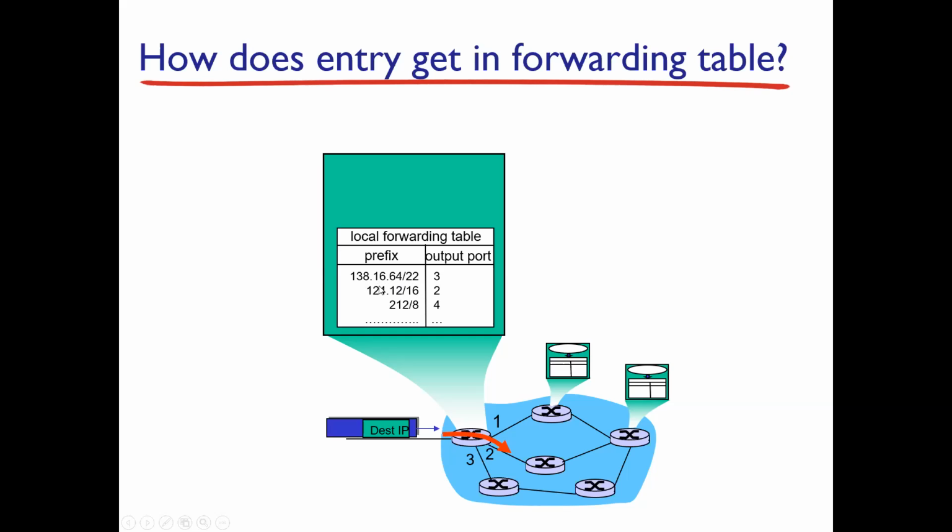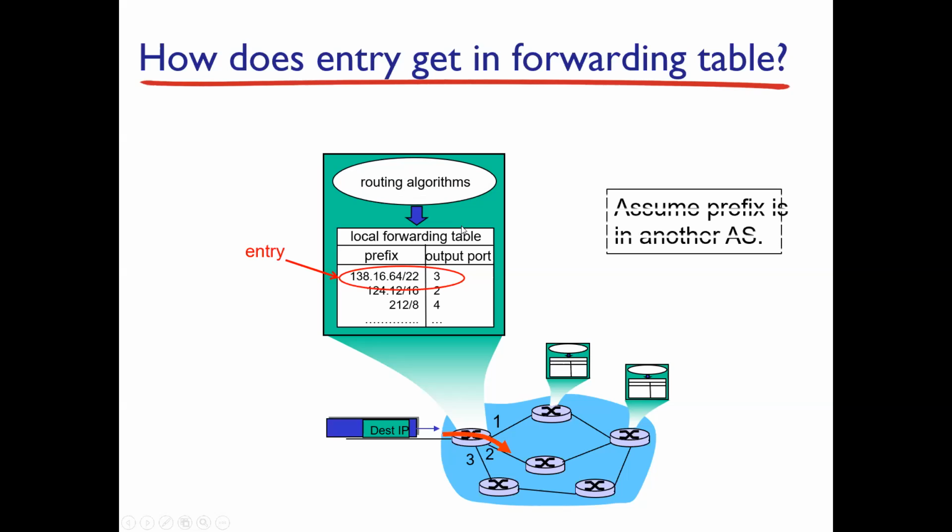For this prefix, this is the output port for the next hop, and for this, it's going to be this. So that's your local forwarding table. But how is this entry in the forwarding table built? Well, it's built through routing algorithms, and these routing algorithms basically run between routers.